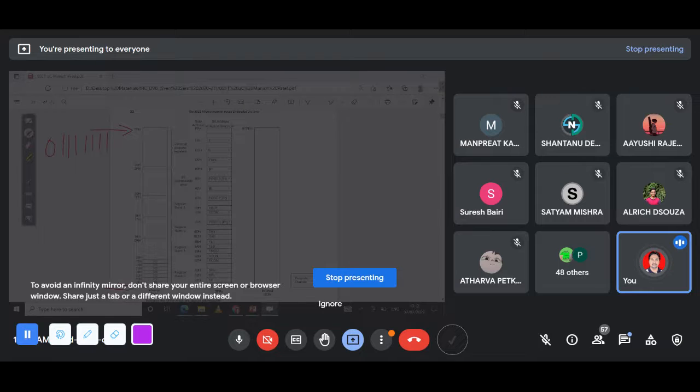Similarly, 00 can be written as 0 0 0 0, and the remaining 0 can be written as 0 0 0 0.